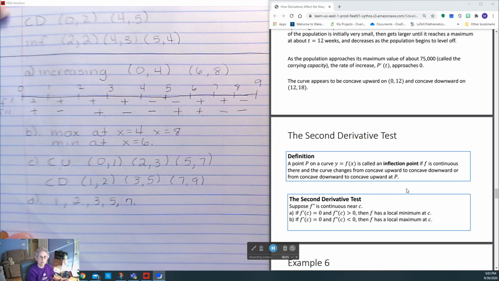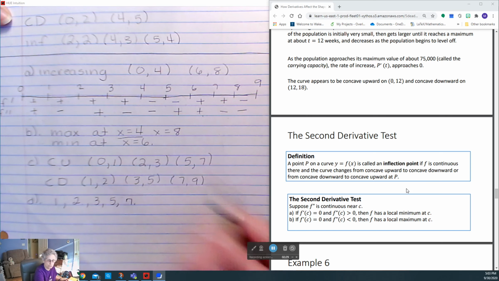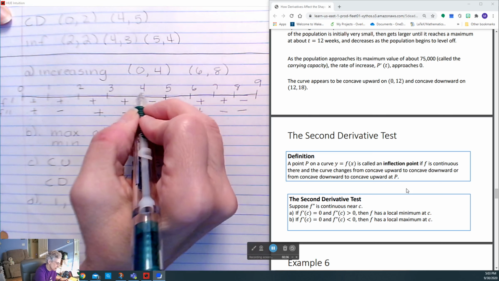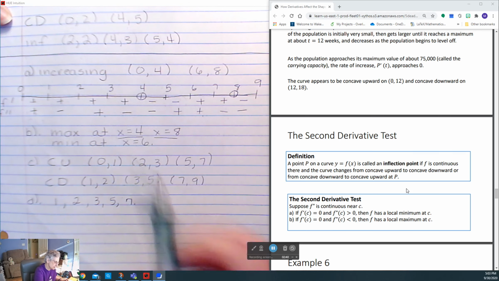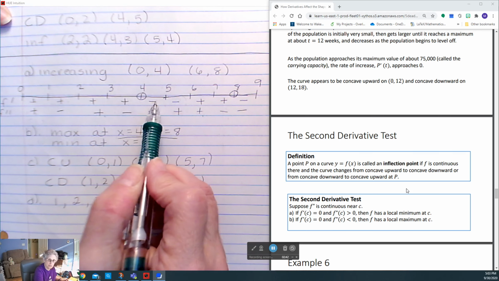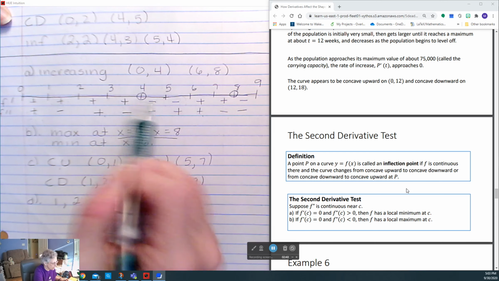Let's look at this example. We decided we had a max at 4 and at 8 because our first derivative was equal to 0 at 4 and at 8. We change from positive to negative. So the first derivative test said, yes, indeedy, we've got a max here.